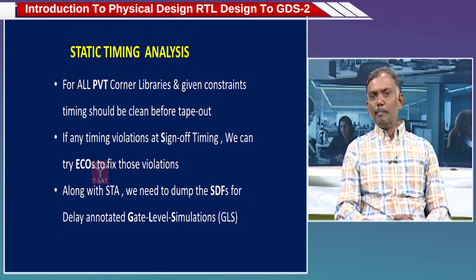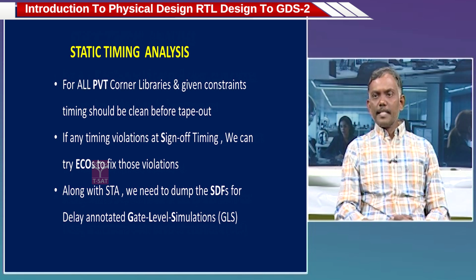Generally, if you see huge violations, then again we need to go for PNR as a part of optimization. But if the violations are a handful, less, you can implement those fixes on the post-route optimization database in an ECO manner. And apart from this STA, one more is the SDF check.